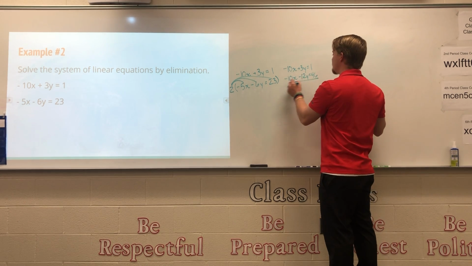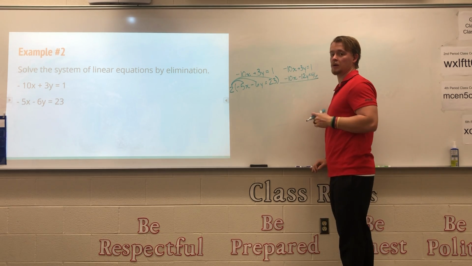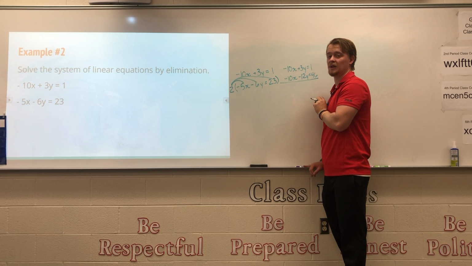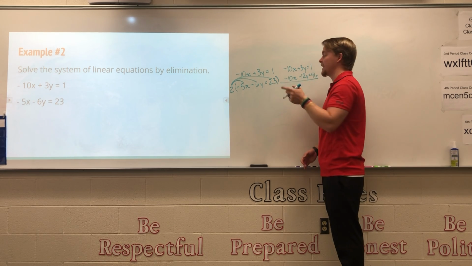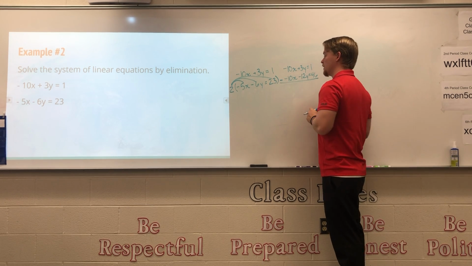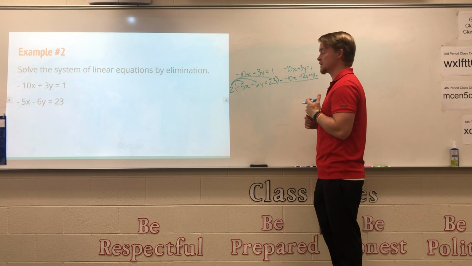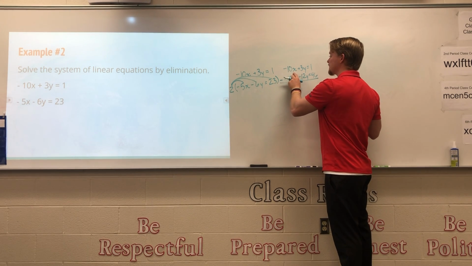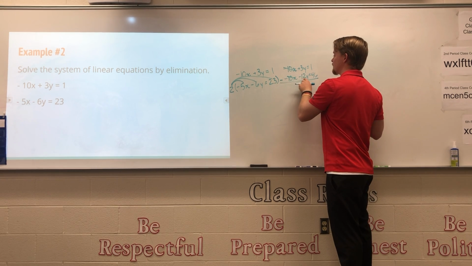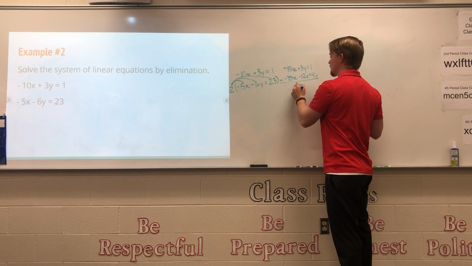So now I do have coefficients that are the same or opposite. We have -10x and -10x. So remember, if they're the same, that is whenever you subtract in order to eliminate. So now we're subtracting the entire equations. So -10x minus -10x, those cancel. 3y minus -12y is 15y.